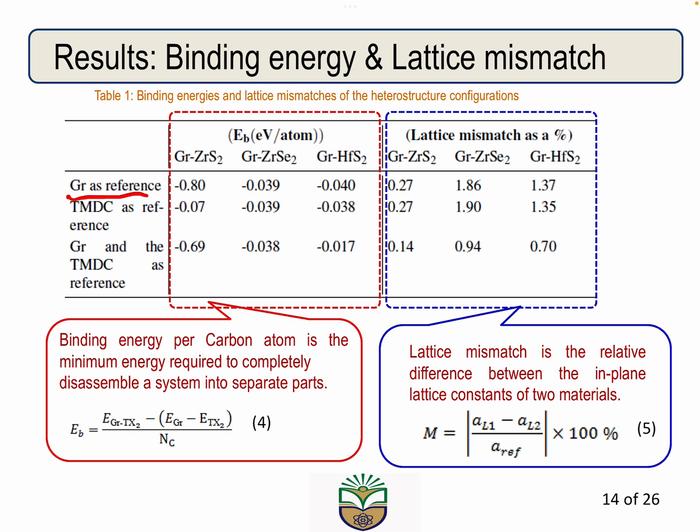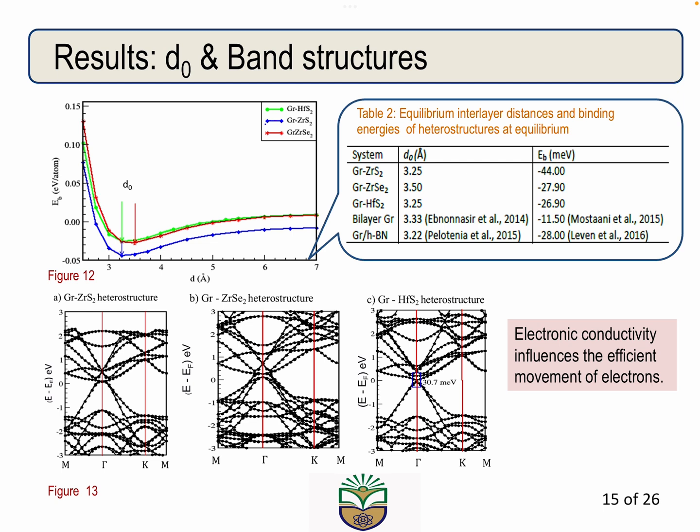And what we realized is that when we use the graphene as reference, then we obtained a system that had the lowest binding energy, which meant that this formed the most thermodynamically stable system. For this system, we also calculated the associated lattice mismatches, and they were found to be acceptable because in all cases, they were less than 2%.